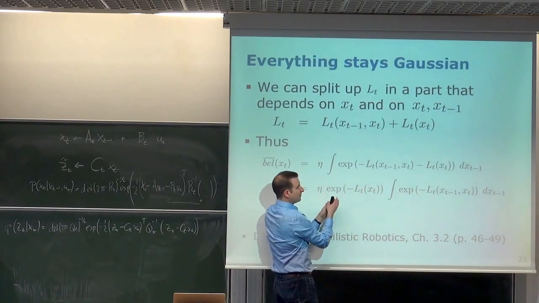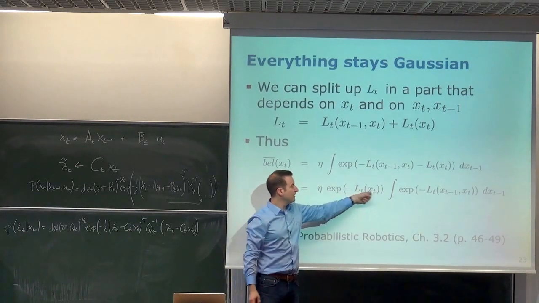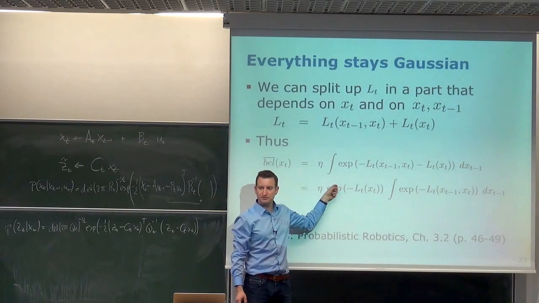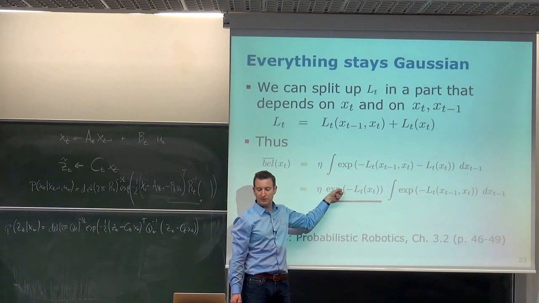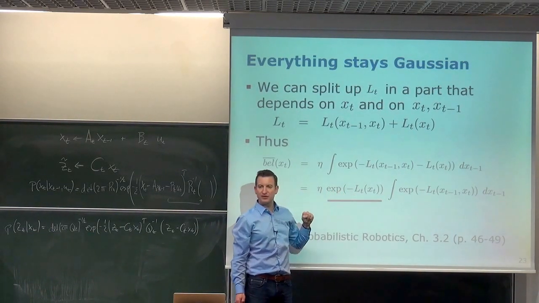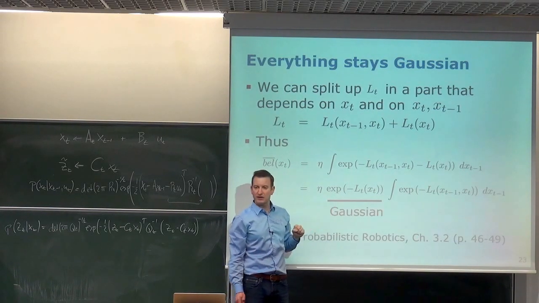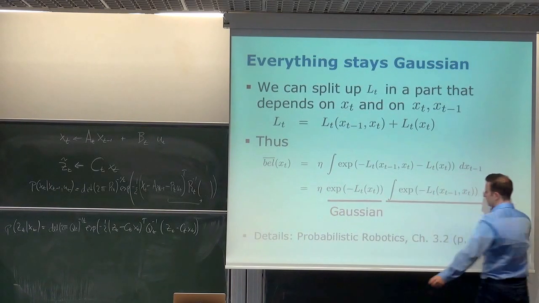So this part ends up being the Gaussian parameters of my distribution. This part is a quadratic form, has the form of a Gaussian distribution. So this is Gaussian. I still have this remaining part over here.